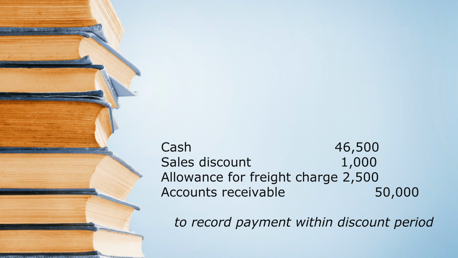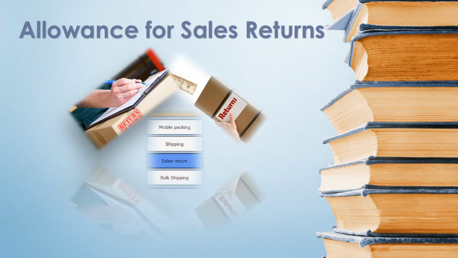Next allowance deducted from accounts receivable is the allowance for sales return. When a company makes sales on account, there is a probability that some customers will return goods that are unsatisfactory or with defects. In this case, the amount of receivable will reduce equal to the amount claimed.